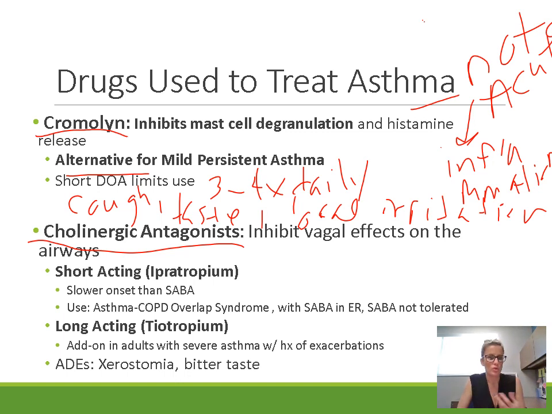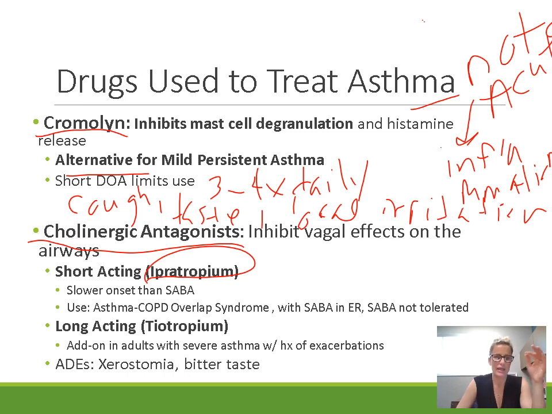There are a couple different cholinergic antagonists that can be used in asthma, the short-acting and then long-acting. So just like we have short-acting and long-acting beta agonists, we have short-acting cholinergic antagonists and long-acting cholinergic antagonists. The short-acting agent is ipratropium.